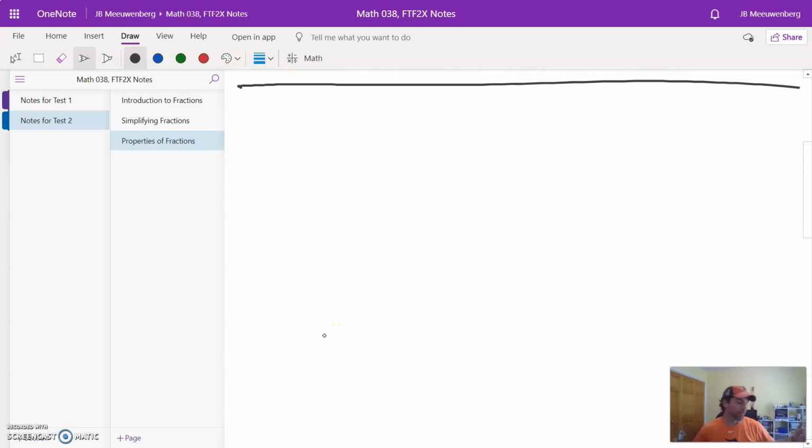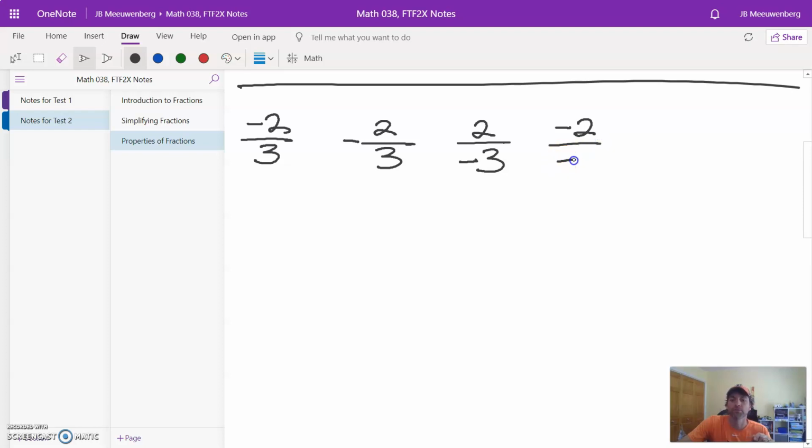So what are some other things that we need to know about fractions? I'm going to put 5 fractions up here. And what I want you to do is just stare at them for a second. That's always what I tell you to do. So here are the 5 fractions. There's the first one. There's the second one. Here's the third one. Here's the fourth one.